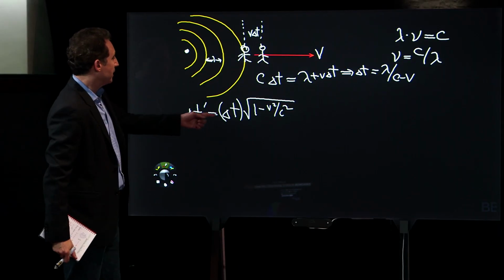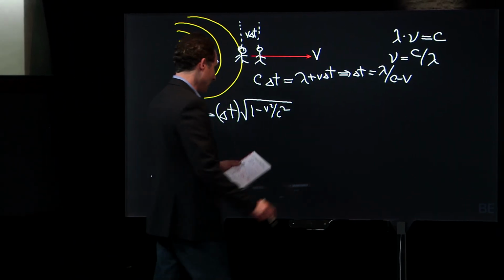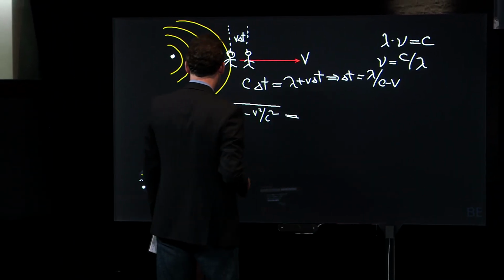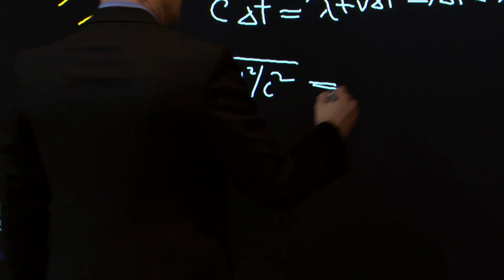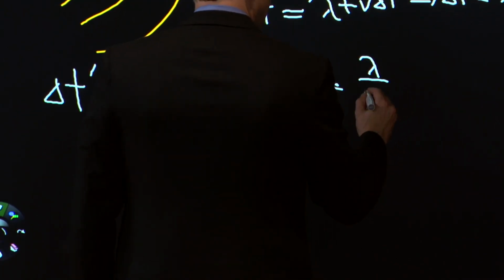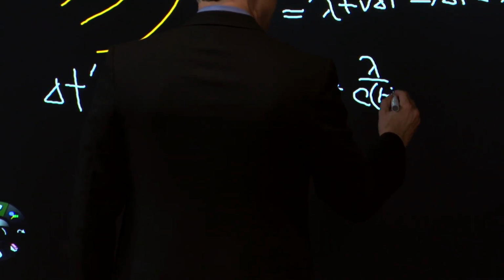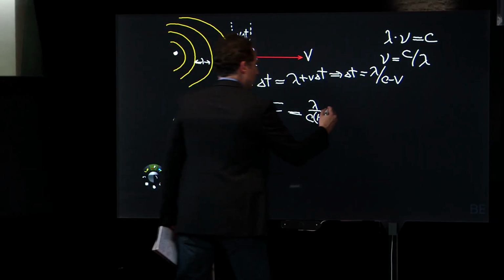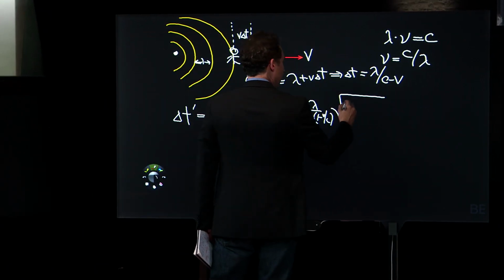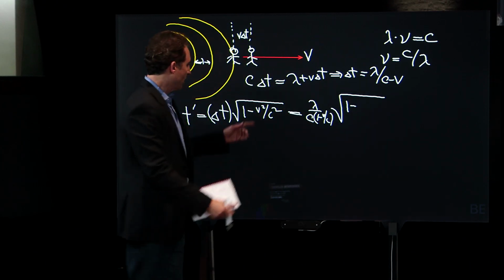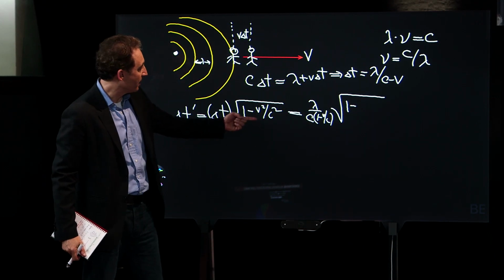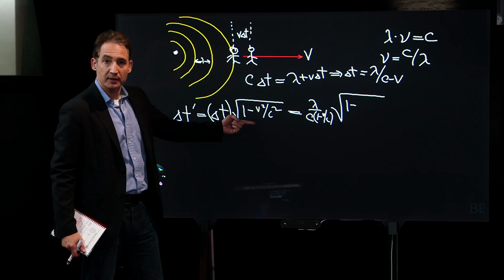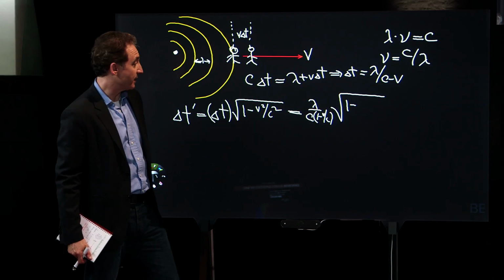So now we can plug in for delta t, and we will have what we are looking for. So writing this, say, as lambda over c times 1 minus v over c, that's the same as that expression, that's delta t, times the square root of 1 minus v squared over c squared. I'm going to play a game here. This can be written as 1 plus v over c times 1 minus v over c.